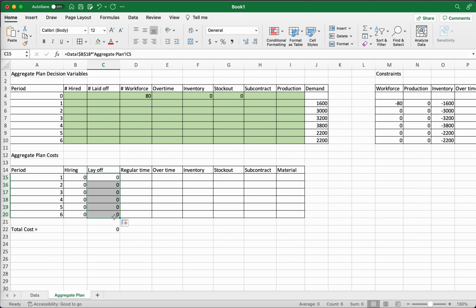Now the regular time cost. Remember that the cost of regular time is the number of workers that you have times the $640 that you're paying them per month, and we calculated that, right?